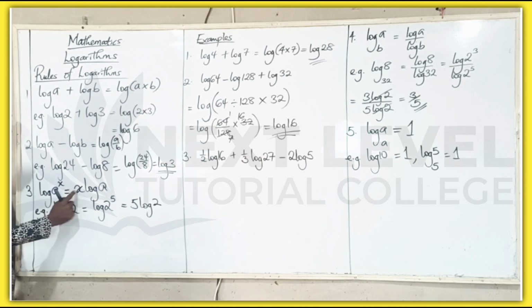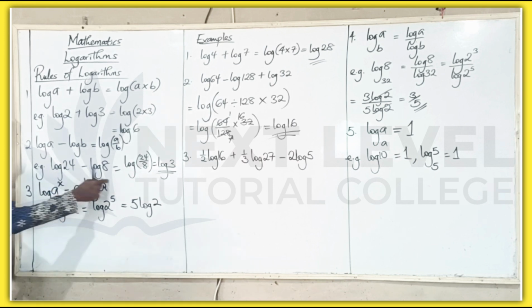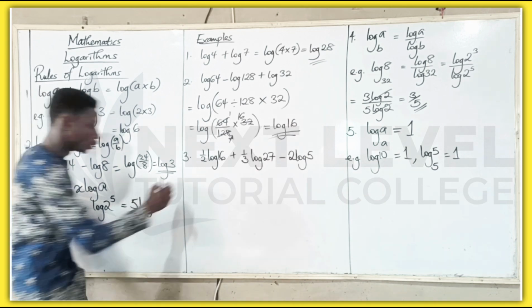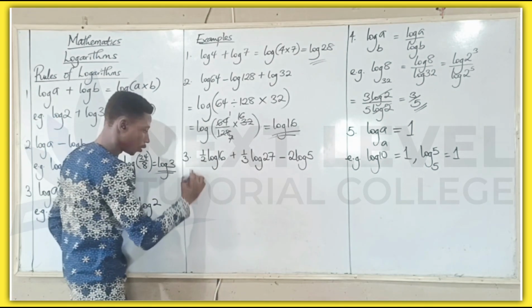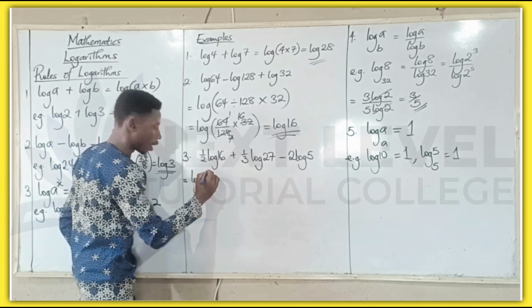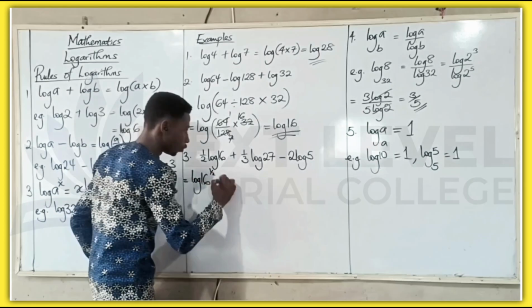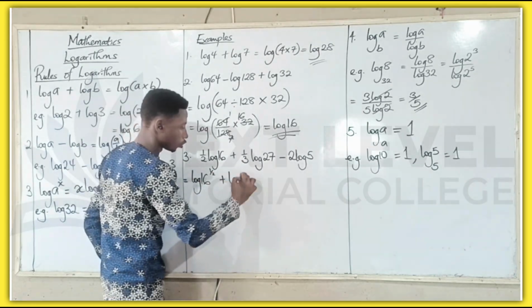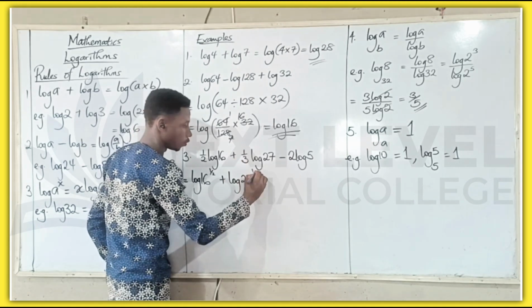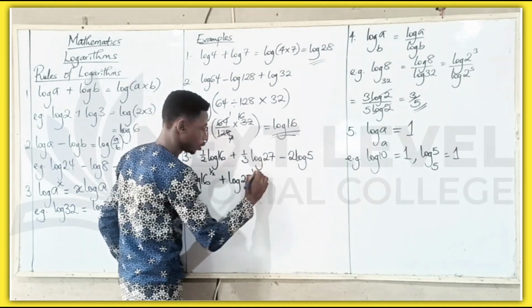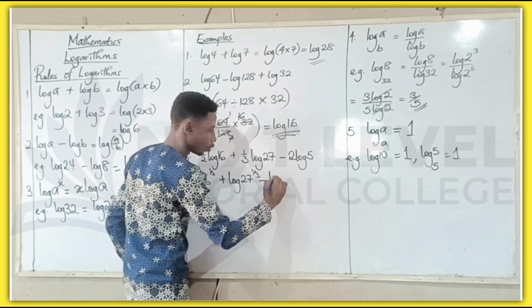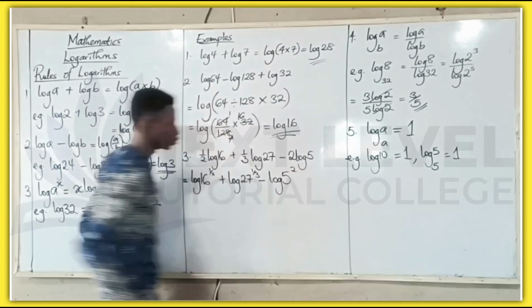The same way, this number in front of the logarithm can come back and become a power. So we can write this as log 16 raised to power 1 over 2, plus log 27 raised to power 1 over 3, then minus log 5 raised to power 2.